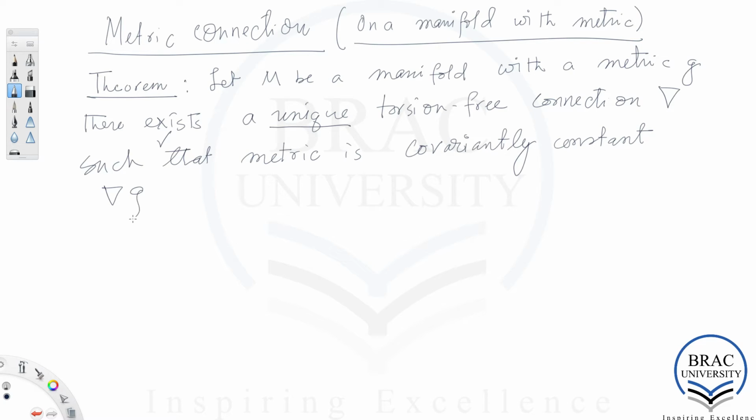That is, nabla g is equal to 0, which means that g_{mu nu; rho} is equal to 0.